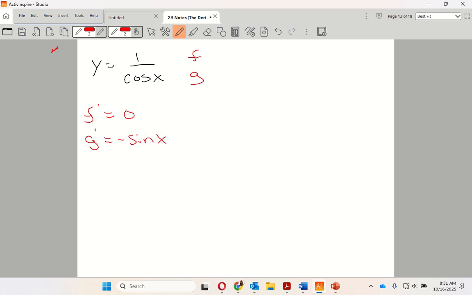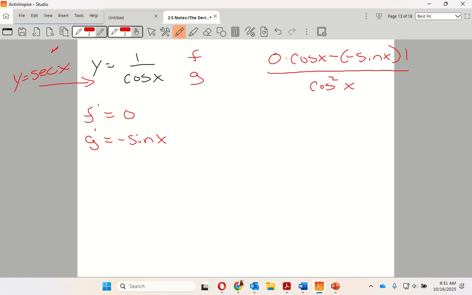So f prime, 0, times g, cosine, minus g prime, which is negative sine, times f, which is 1, over cosine squared x. 0 times cosine is 0.